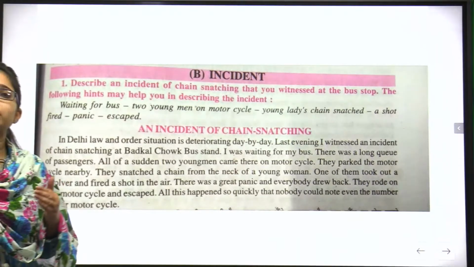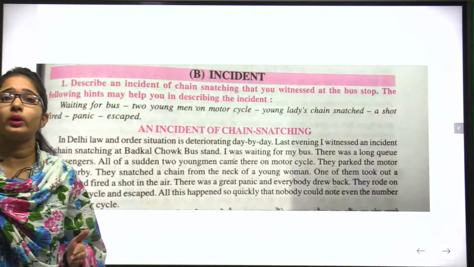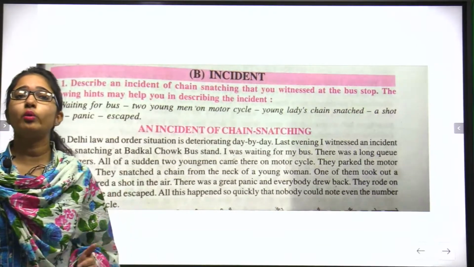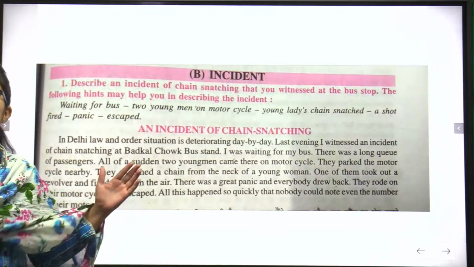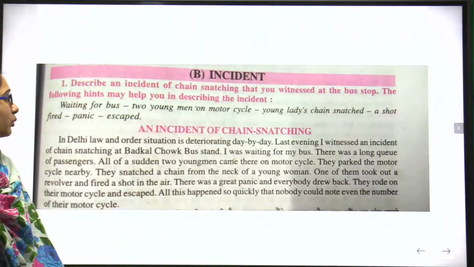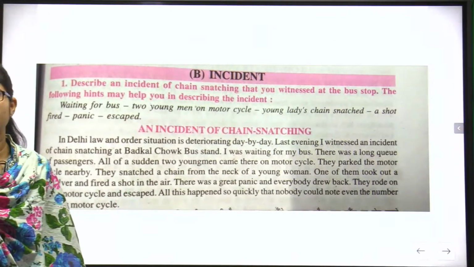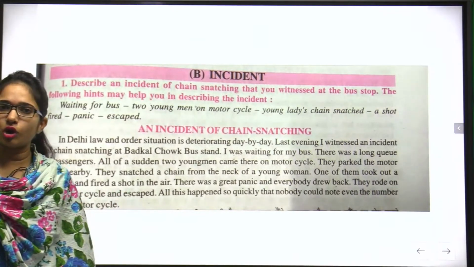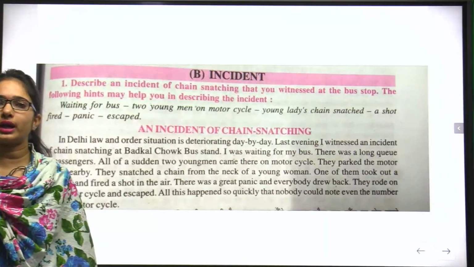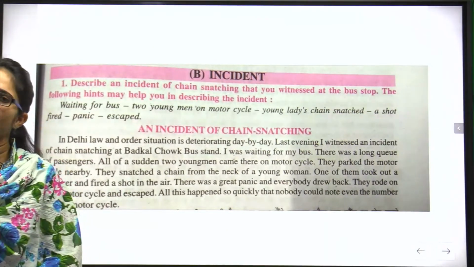Now you have to describe this incident as if you were at the bus stop and you were the witness. You have seen what has happened there.